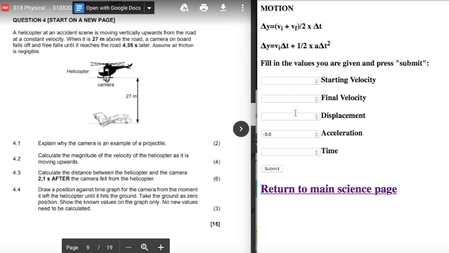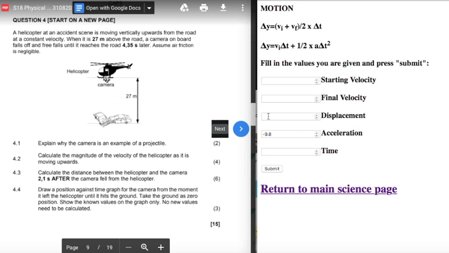When we choose it, we don't know the starting velocity or the final velocity, but we do know the displacement. The displacement is 27 meters and it's down. Because the problem starts with the camera moving up, we choose up as positive, therefore acceleration is down at minus 9.8 meters per second squared. We already have acceleration filled in for us.